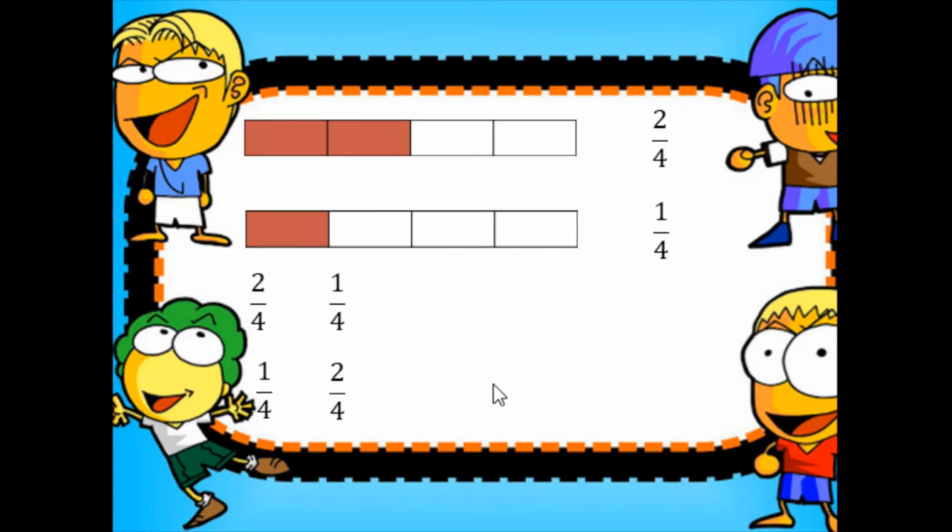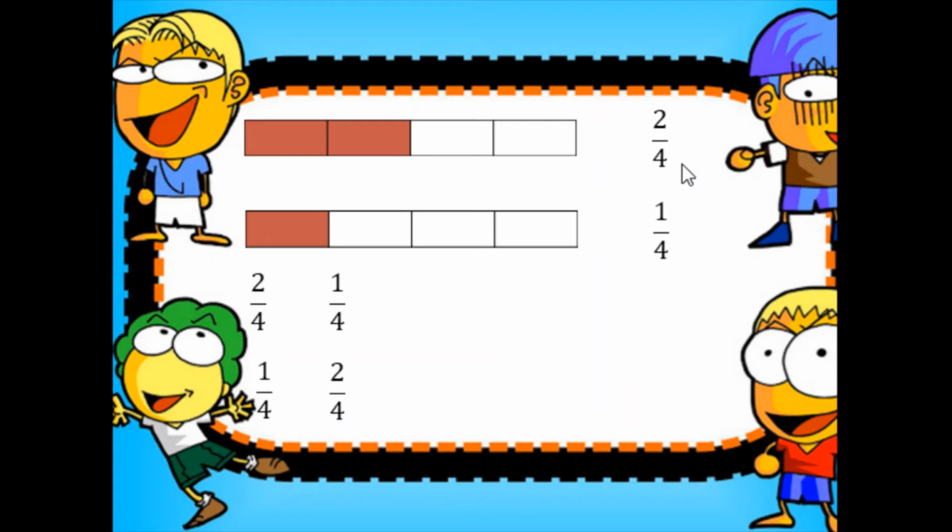If both the denominators of both fractions are the same, it's easy to compare. It's easy to know which one has a big part or which one has a small part, because you don't need to change anything already.